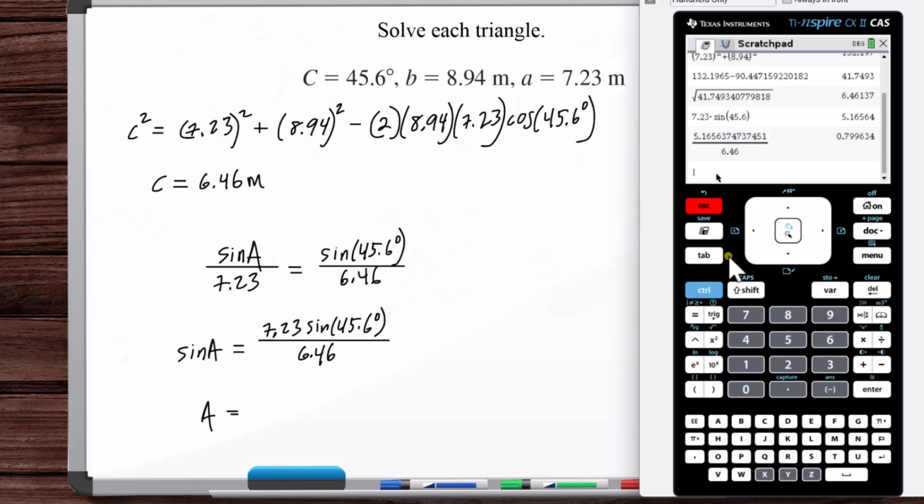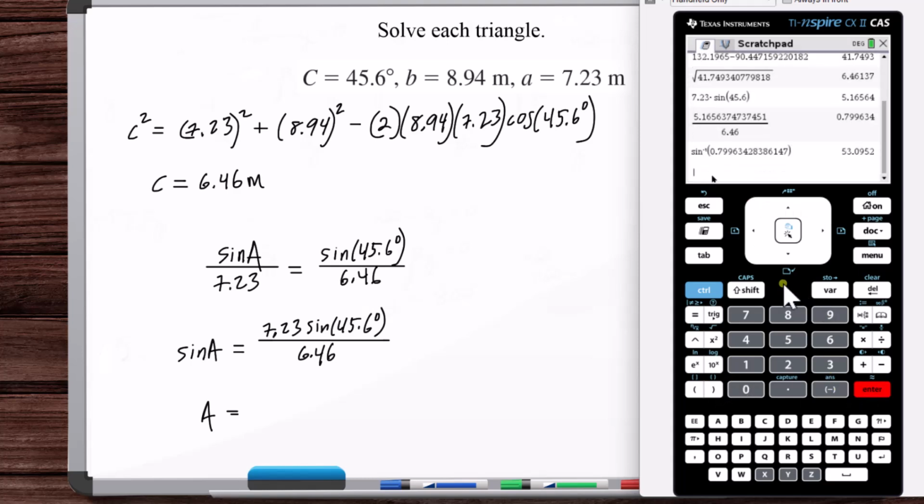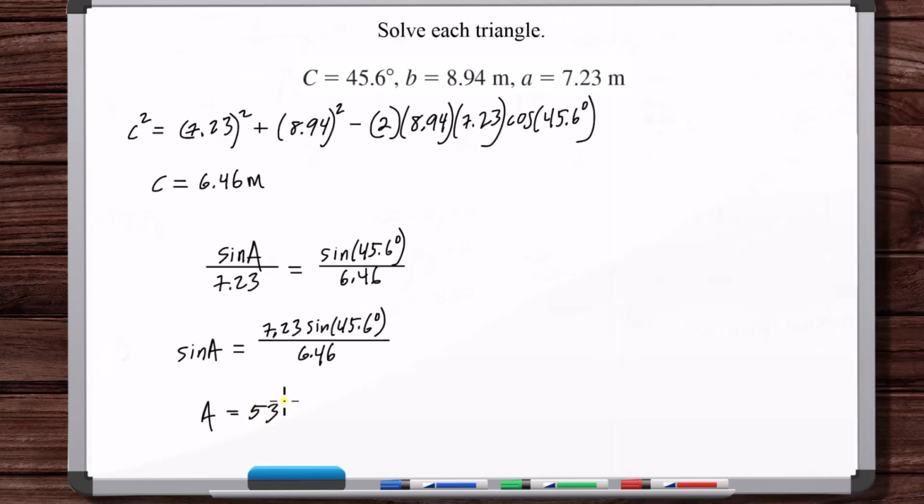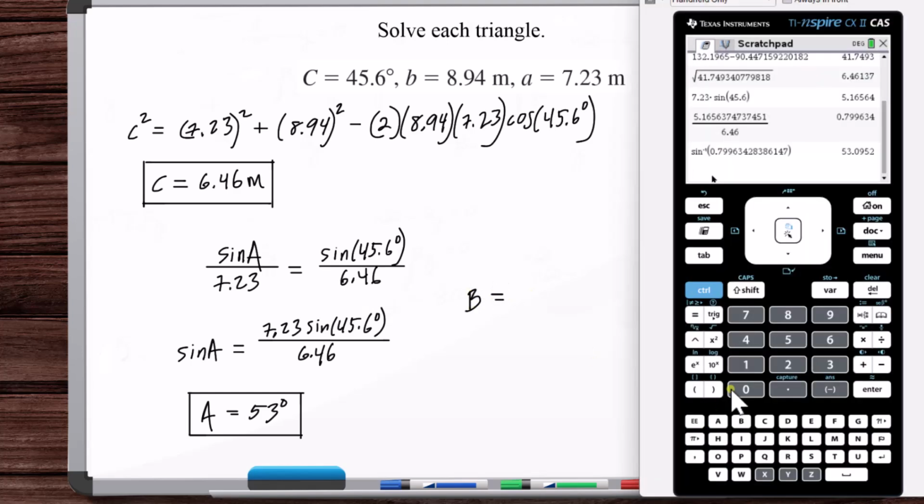Okay, so there's sine of A. Now let's take the inverse sine of that. And, well, we don't have to consider the obtuse angle, so the acute angle is going to be it. Okay, so, all right, there's angle A. And then angle B is just 180 minus 45.6 plus 53, which is 81.4 degrees.